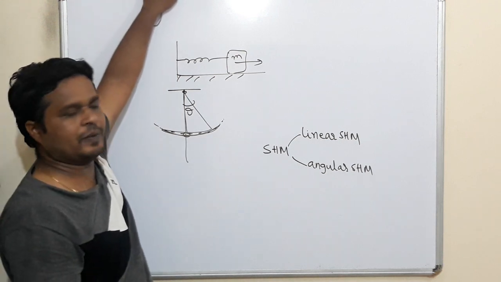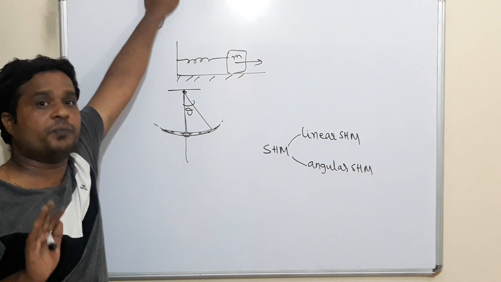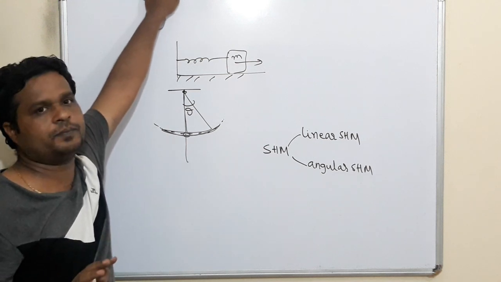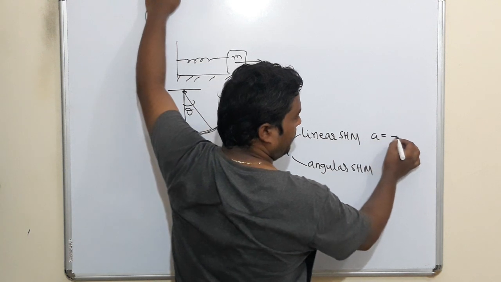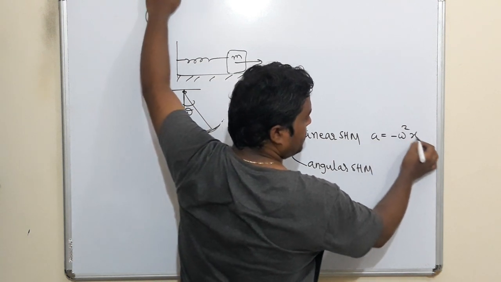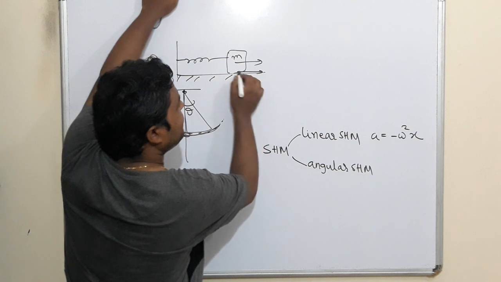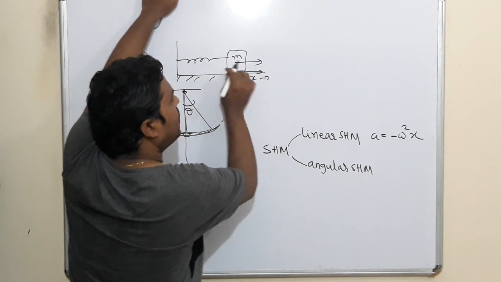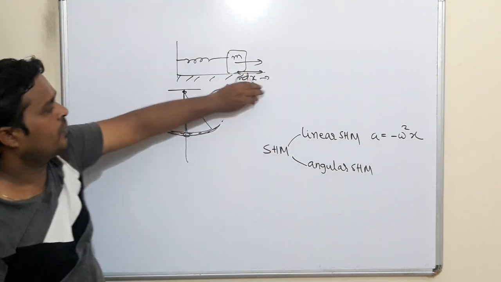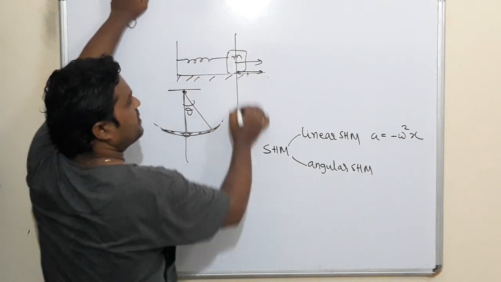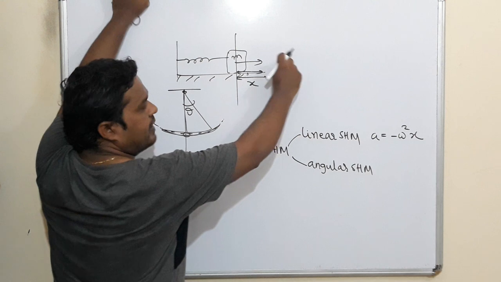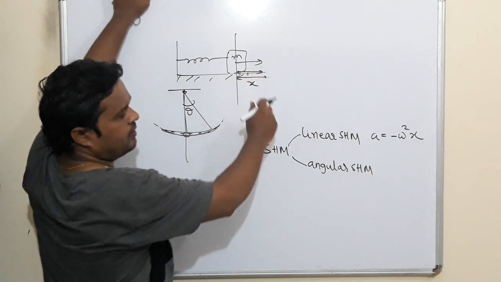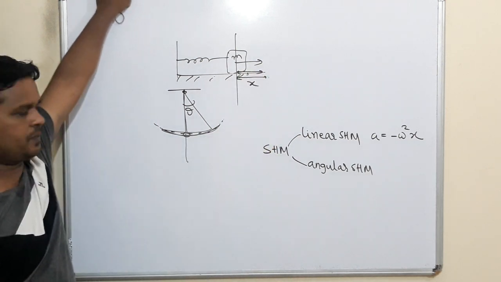In linear SHM, if any particle is executing linear SHM, then its linear acceleration will be minus omega square into x, where x is the small displacement from the mean position. If you displace it through a distance x and release it, it will oscillate like this. X is called displacement.